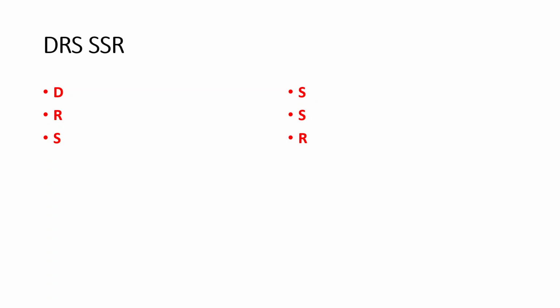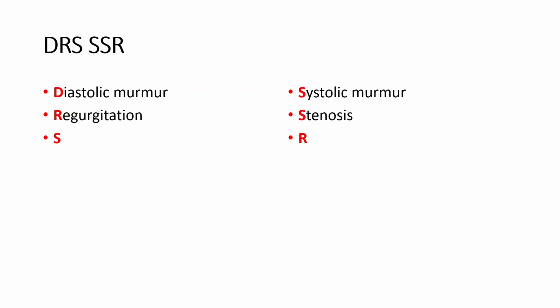Essentially, the D in the DRS and the S in the SSR give the timing in the cardiac cycle. So we have your diastolic murmur and your systolic murmur. Then the RS in the DRS and the SR give the diagnosis.